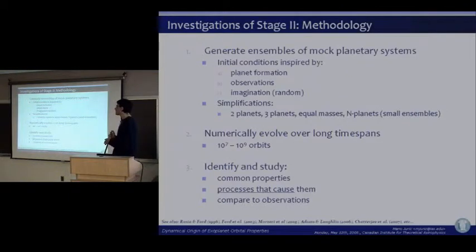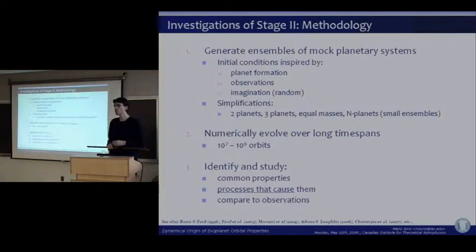So what is typically the way to investigate this stage is you generate an ensemble of mock planetary systems that you then put into an integrator and integrate over long time scales and compare the results to observations. There we have a problem that if you want to generate an ensemble of planetary systems, you need to come up with some reasonable initial conditions.